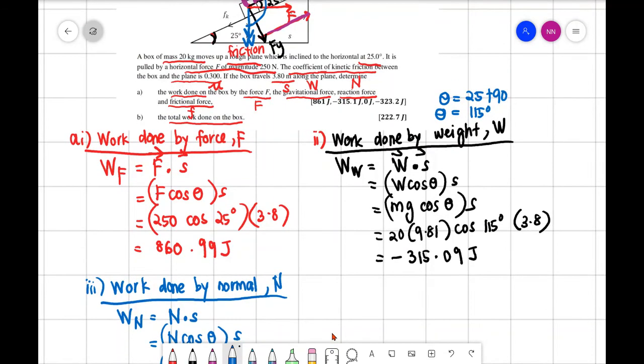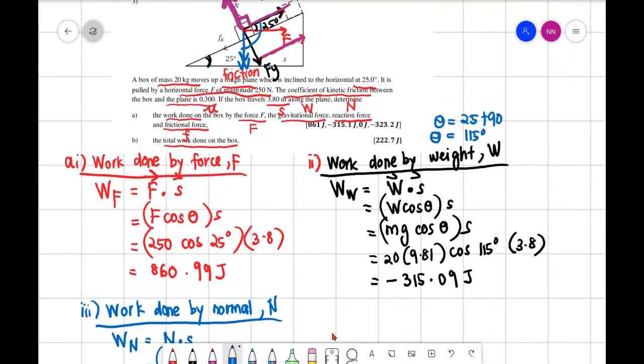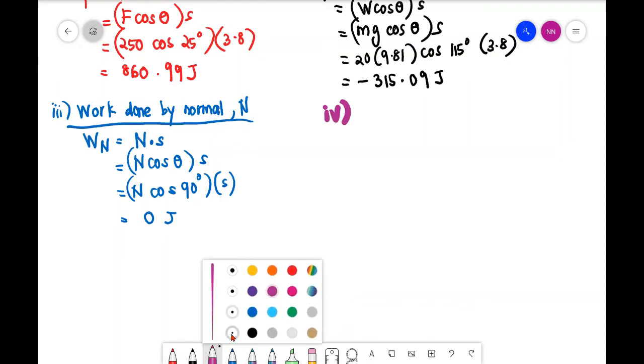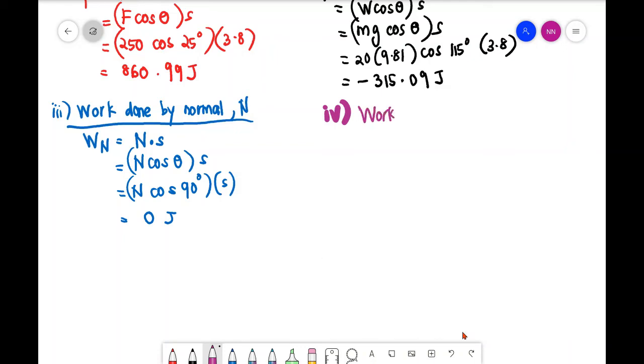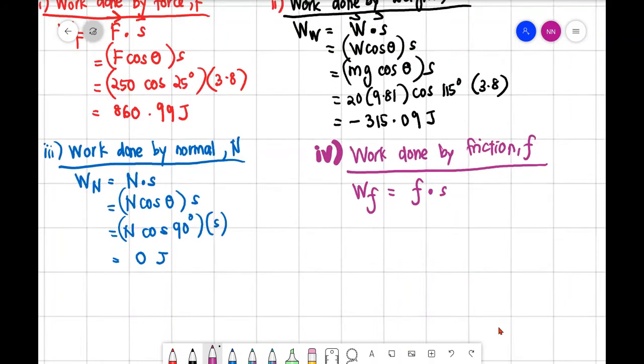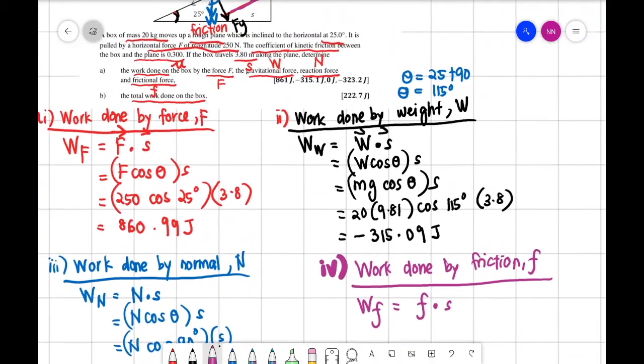And then work done by the frictional force F. Work done by friction is equal to friction dot S. So what is the value of friction?